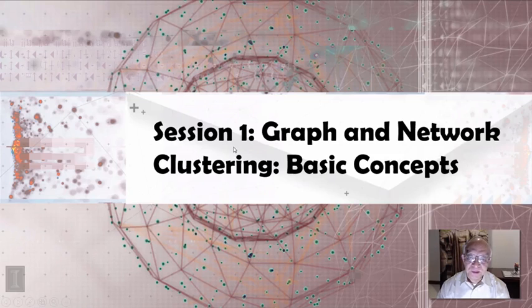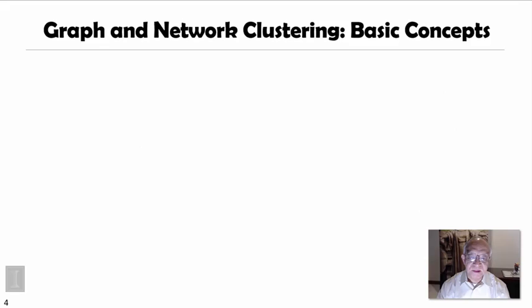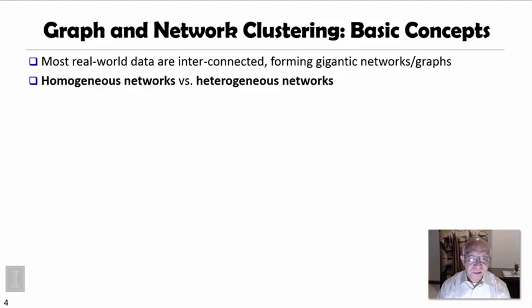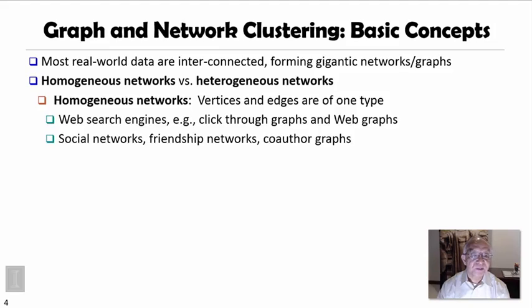First, we are going to discuss graph and network clustering, some basic concepts. We know most real-world data are interconnected, forming gigantic networks or graphs. Among all kinds of networks, we can categorize them into homogeneous networks versus heterogeneous networks.